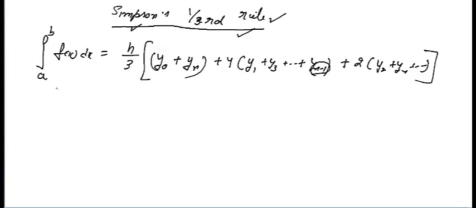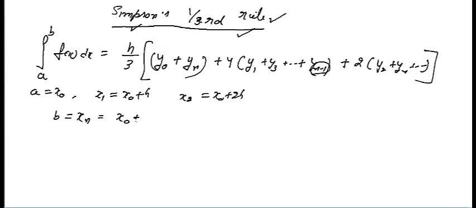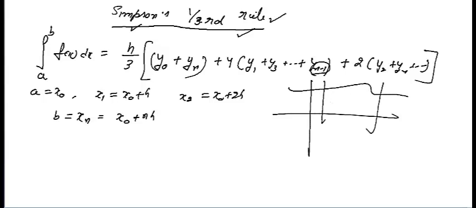Here a is the starting point, means a is equal to x0. And h is basically the difference between the previous and the next value of x, means x1 will be x0 plus h, x2 will be x0 plus 2h, and b will be xn, which is x0 plus nh. h is basically the step: when you have any integration, you want to find the area under the curve, from x equal to a to x equal to b.